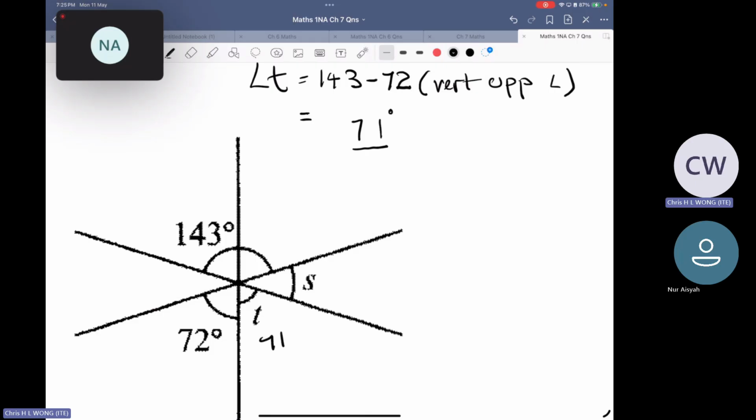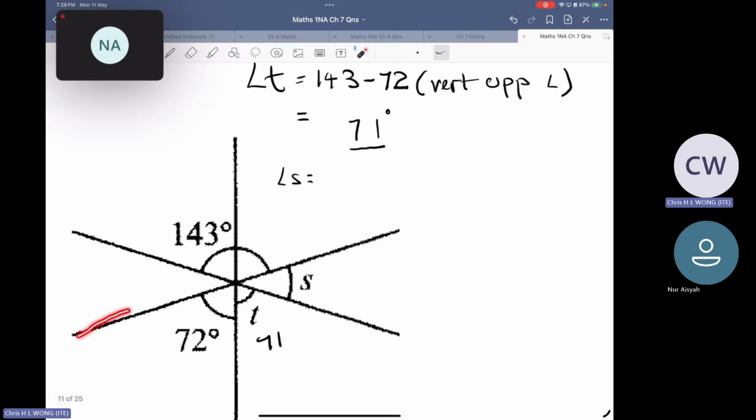Can you find s? Angle s equals? 90 degrees minus... But there's no 90. Where do you get 90? 180, right? How do you get 180? Because if you look at this, I'm very sure you can see it's from here. This is 71 already.